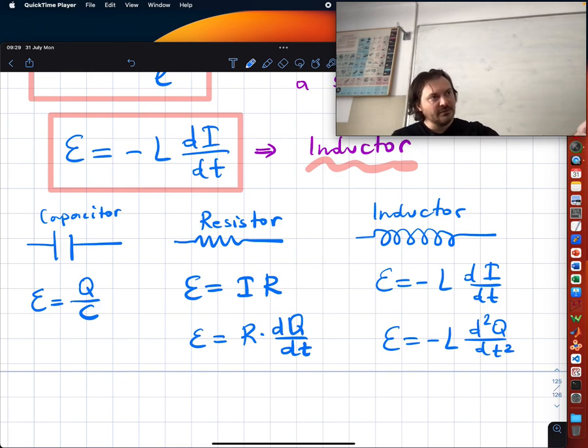Is there an inductor? It will want to keep flowing. So you don't have honey anymore. You have a massive object that wants to move if it is moving. If there is no current, it will be harder to generate current in this system because of this inertia. Okay? This is a good place to stop.